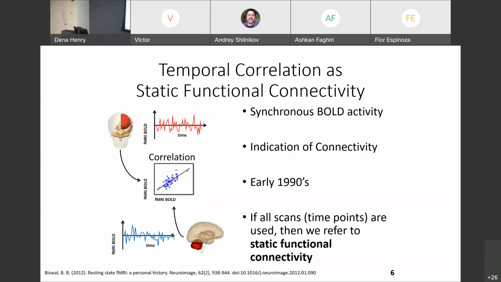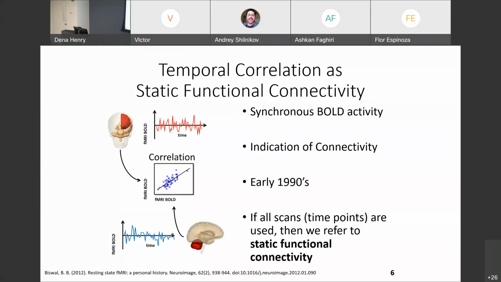We call this synchronization functional connectivity, because if they are fully synchronized, we think they are activating at the same time and might be performing a similar task, although we cannot call it a task. Okay, so correlation can tell us a lot about how connected two parts of the brain are.